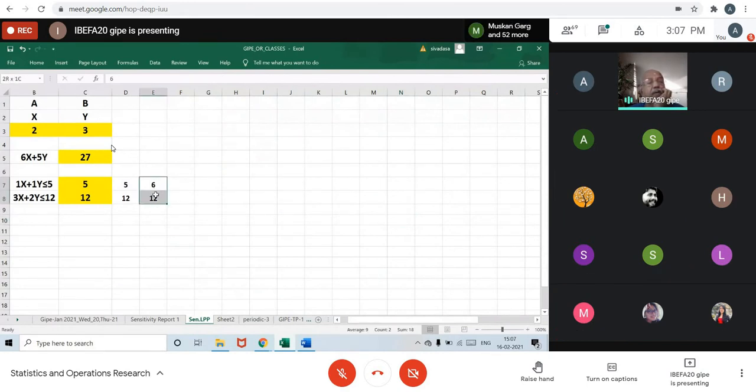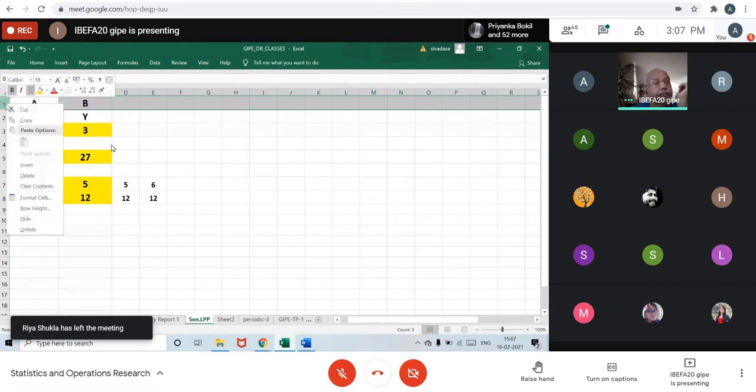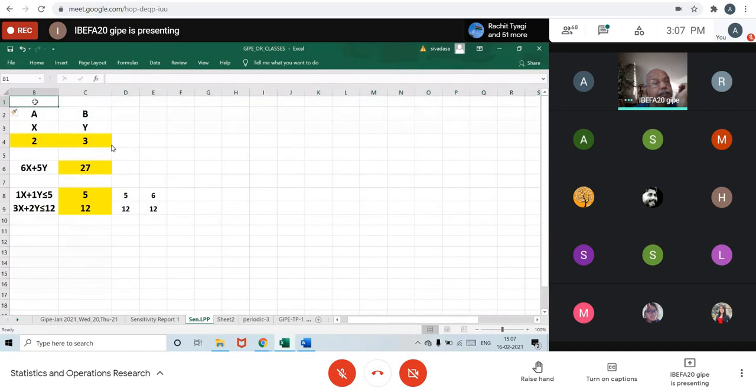After this introduction to dual LPP, I am going to do one real, very interesting example. So this LPP is called the primal LPP.